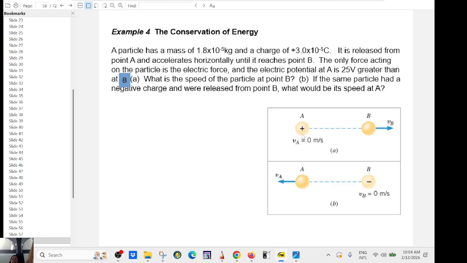So the charge wants to go downhill because the electric field is doing work on it. So the potential energy it has uphill will turn into kinetic energy. So you want to find the speed. Okay, so this is like physics 1, same idea.